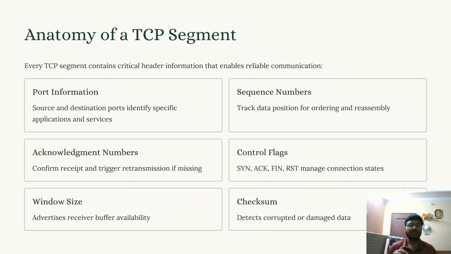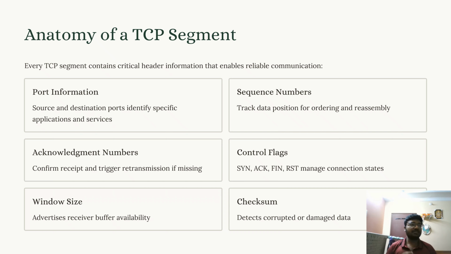Each segment comes with a header that tracks important details like source and destination ports that steer the data to specific applications. Just as a street address guides a letter, the sequence and acknowledgement numbers are used like page numbers, keeping everything in order and confirming receipt.